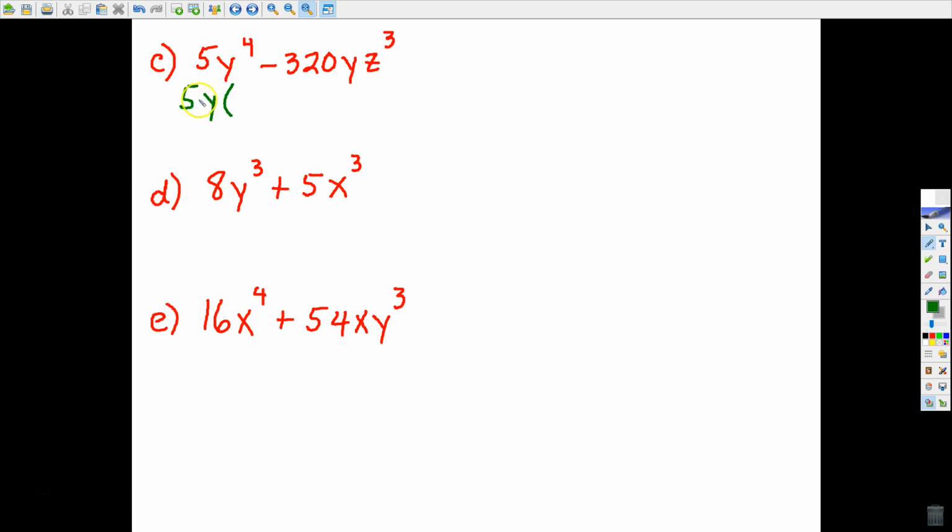So when I factor out 5y as the GCF, I'm left with y cubed minus 64z cubed. And now in the parentheses, I do have the difference between two perfect cubes. So the factoring is going to look like this. Don't forget, 5y is still part of my factoring.